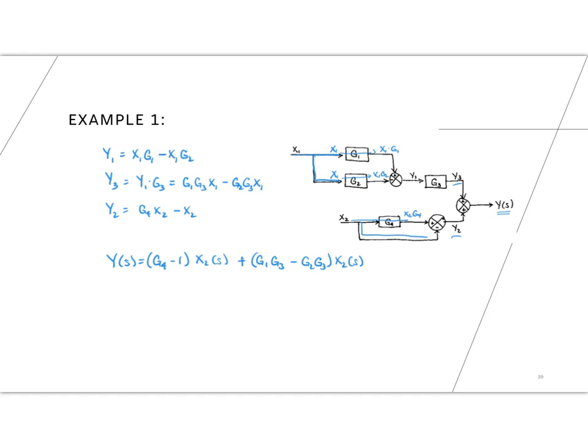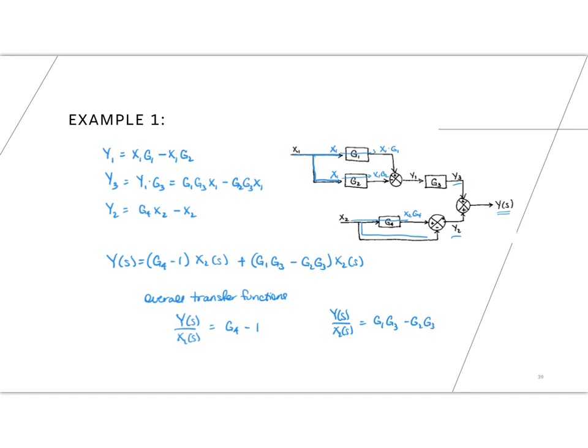I could write these as overall transfer functions: y of s over x2 of s is g4 minus 1, and y of s over x1 of s equals g1 g3 minus g2 g3.